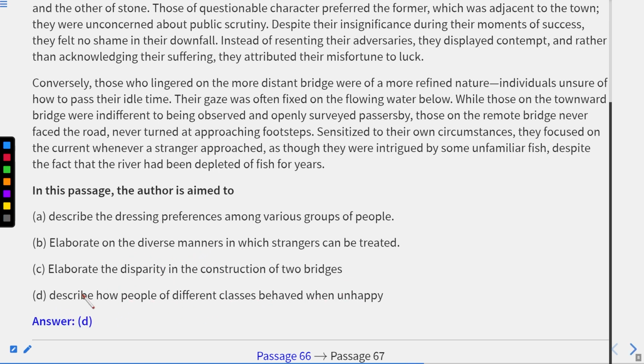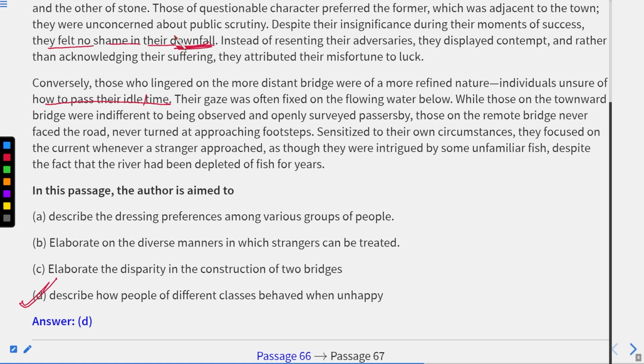According to this, D will be the correct answer, because here they have talked about some kinds of people. For example, if you see this line, how to pass their idle time, it means when they are unhappy or bored, or when they have a lot of time and nothing to do. And if we see this line, they felt no shame in their downfall, it means at the time of downfall.